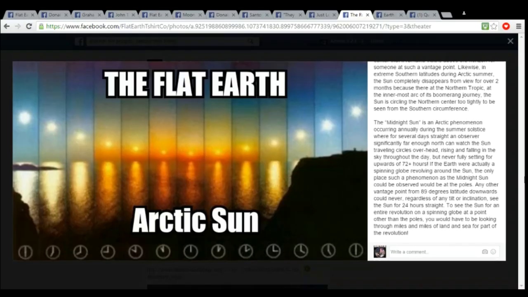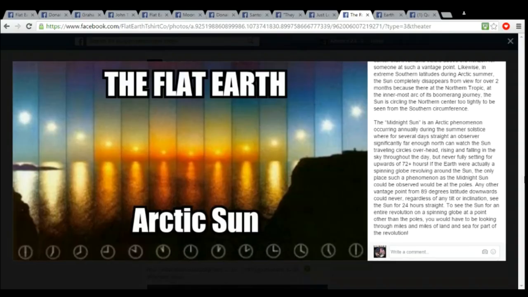If the sun were actually spinning, or a spinning globe revolving around the sun, the only place such a phenomenon as the midnight sun could be observed would be at the poles, and the vantage point of 89 degrees latitude downward could never happen, regardless of any tilt or inclination. See the sun for 24 hours straight.